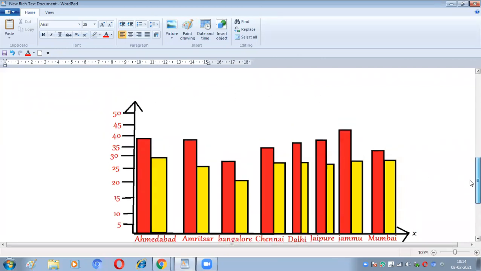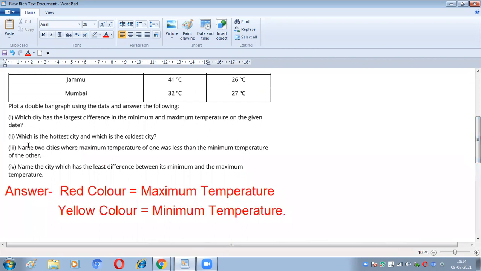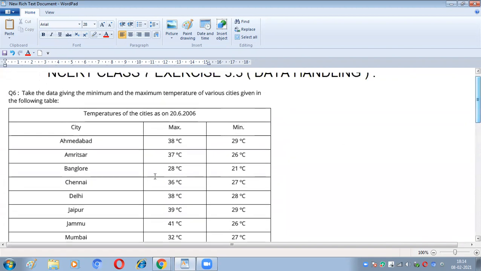So now I'm proceeding to the first bit, which is which city has the largest difference in the minimum and maximum temperature on the given date. For example, I'm taking the city Ahmedabad, and now we'll find the difference of their temperature, maximum minus minimum.